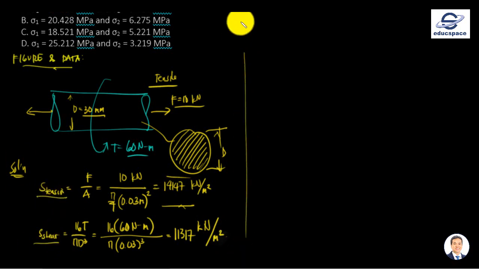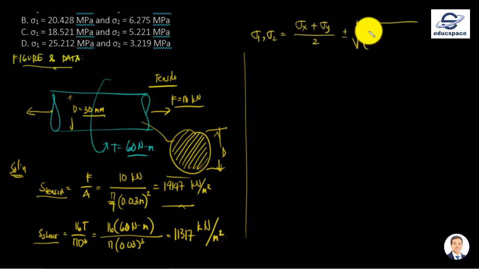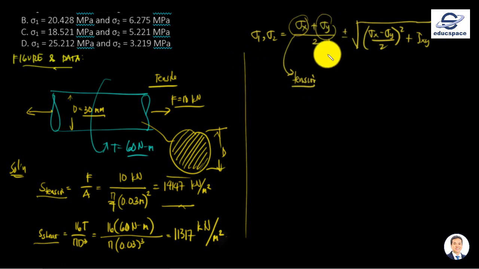Pagka ginamitan natin ng ating formula using the principal stress relationship, remember this: maximum principal stress and minimum principal stress is equivalent to the stress element over 2 plus and minus the square root of stress element over 2 squared plus the shear stress squared. This time, this one is represented by the tension, and then wala tayong compression, so this must be equivalent to 0. Therefore, to get the maximum principal stress, I'll just put this value.